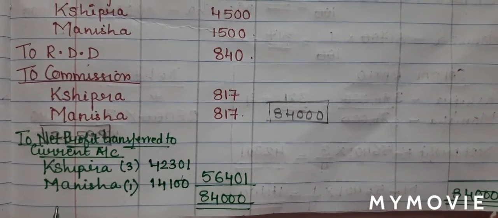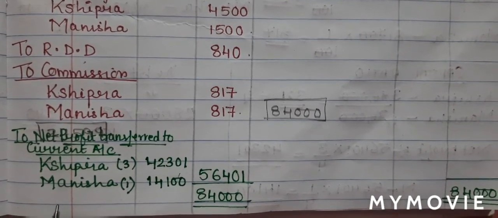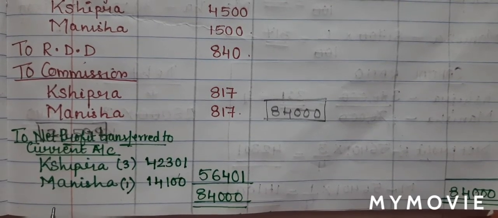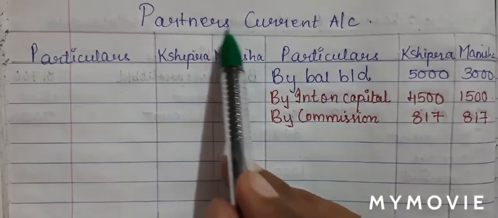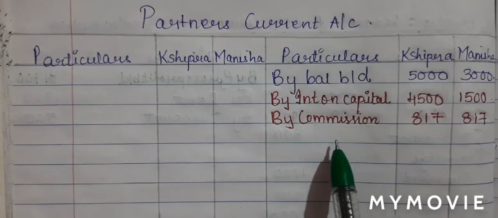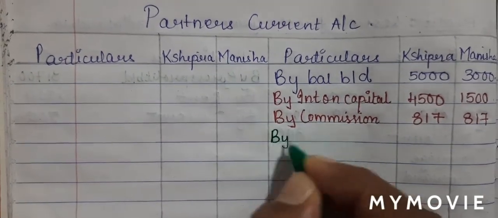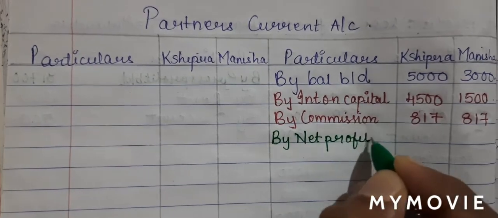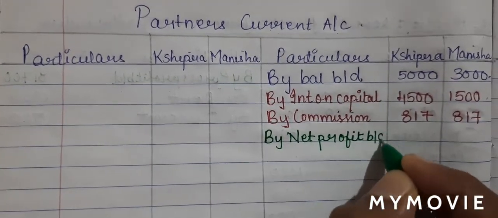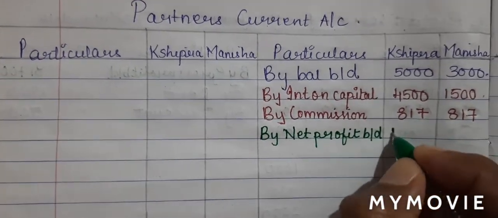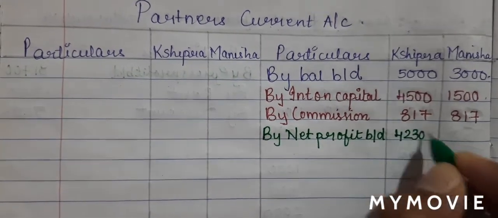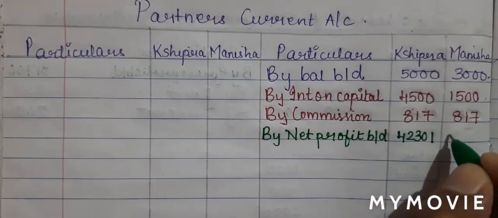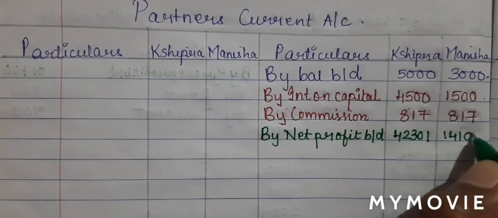Now this amount will be transferred to the credit side of my current account. So on the credit side of current account, I will write down by net profit brought down. Shipra is 42,301 and Manisha is 14,100.